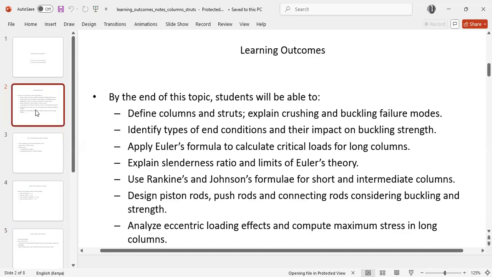Please, I want you to give me some response in the chat box about the purpose of the columns. As I said earlier, number 1 is load transfer. Then the second purpose is stability. Stability helps the structure to remain upright and resist buckling.